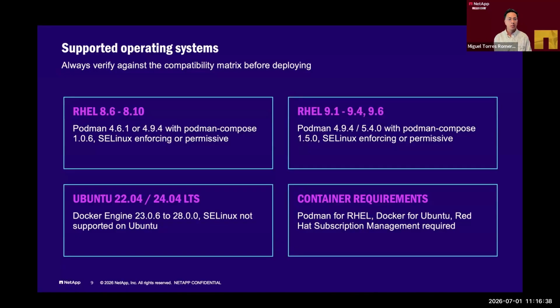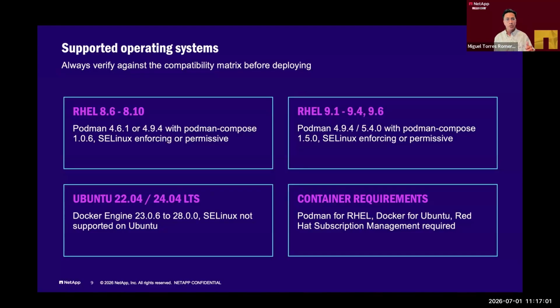Really important. When we use Red Hat Enterprise Linux, we'll need to install Podman as a container architecture. If we prefer to use Ubuntu, we'll need to install Docker Engine, okay? This is a golden rule. This is very important. Why is this important? Same again.